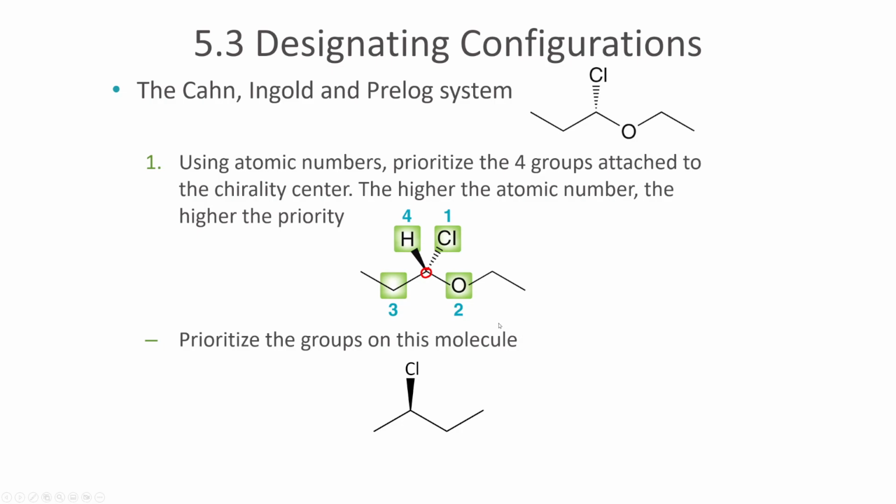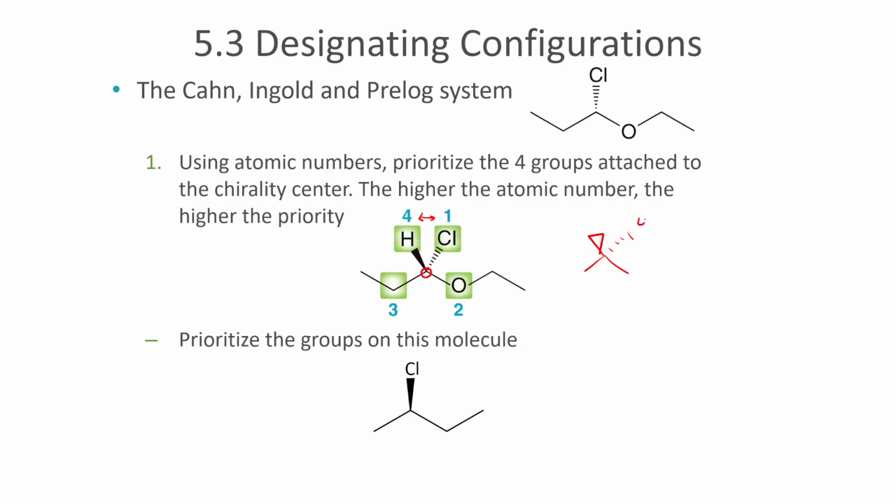And at this point, however, to determine the R and the S, we would have to rotate this molecule in order to put the 4th group in the back position and the number 1 group in the front position. A strategy for doing that is what I call the double switch. What you do is you draw out just a basic representation of the chiral carbon, and then you switch so that the priority 4 position gets on the back.